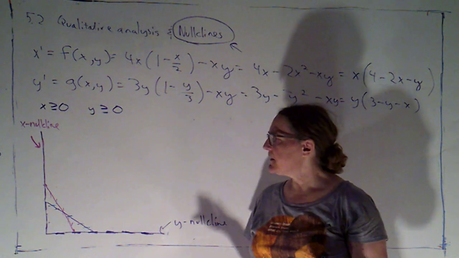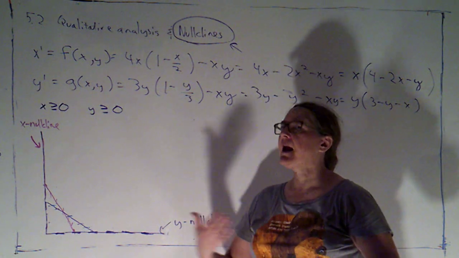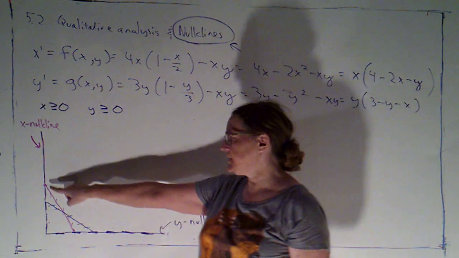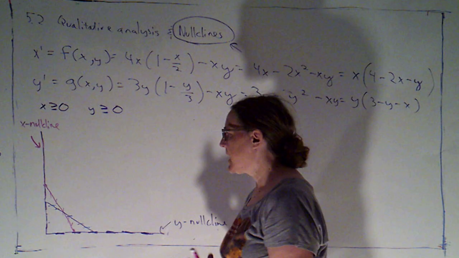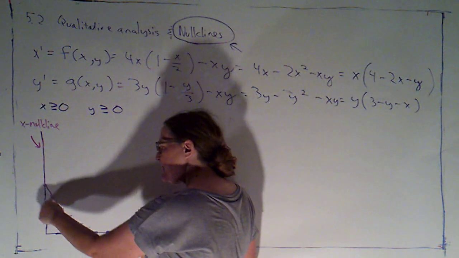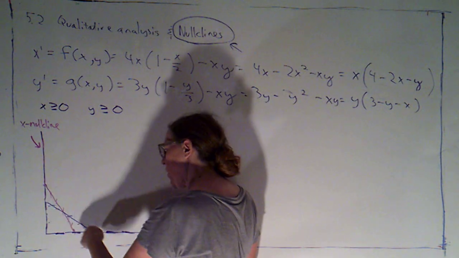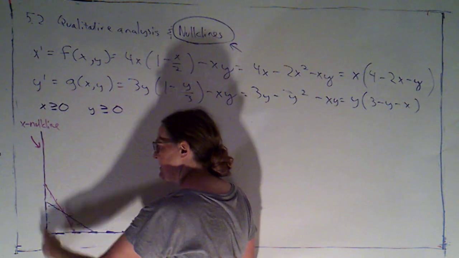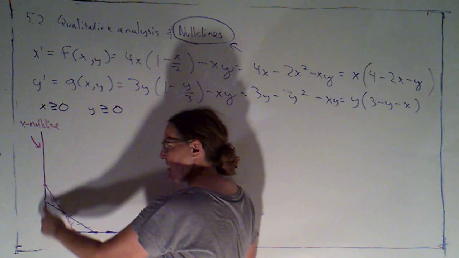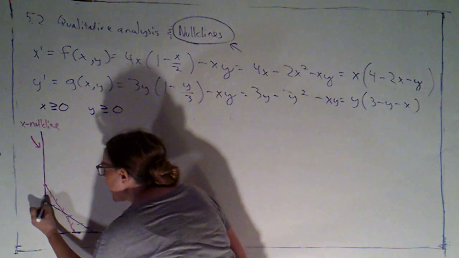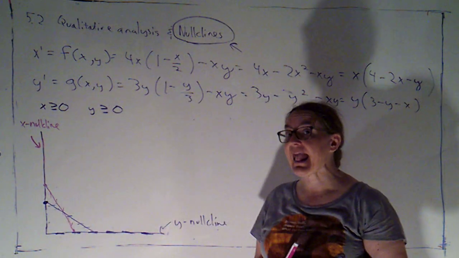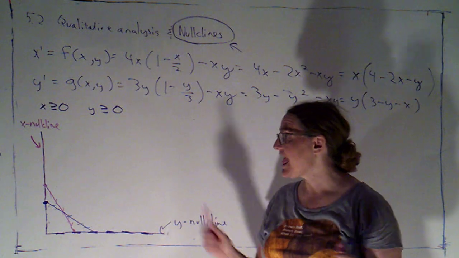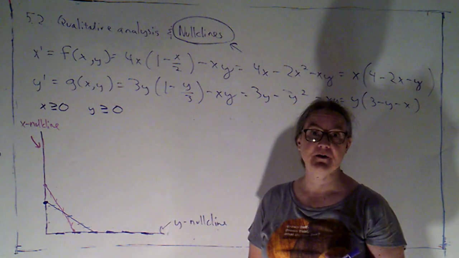That tells me that x prime is 0 and x prime is 0. So I'm really confident here that x prime is 0, but that's all that that tells me. But if I look here, this line was a y-nullcline, and this line was an x-nullcline. So at this point right here, I know that both x prime and y prime is 0. That's going to be an equilibrium point.